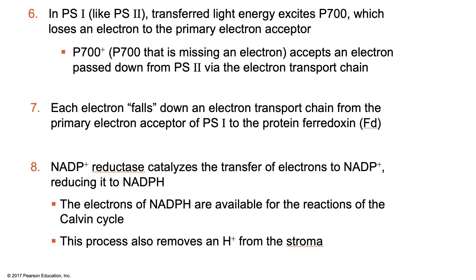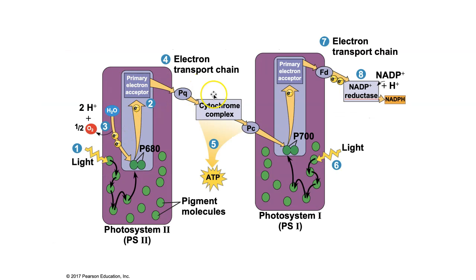Step 6, in photosystem 1, just like photosystem 2, transferred light energy excites P700, which loses an electron to the primary electron acceptor, and then P700 plus, because P700 is missing an electron, accepts an electron passed down from PS2 via electron transport chain. So we've gone through electron transport chain. This has accepted the electron.